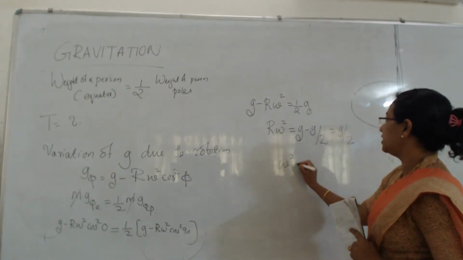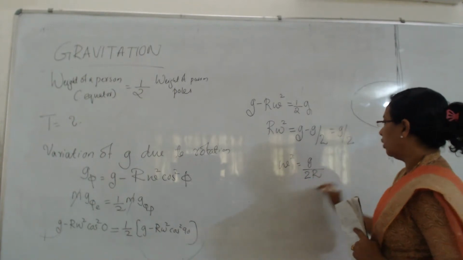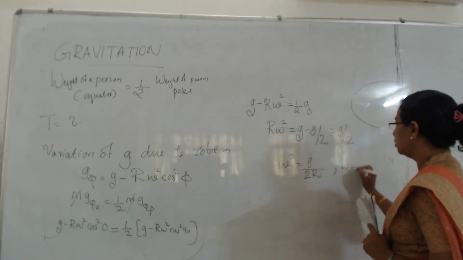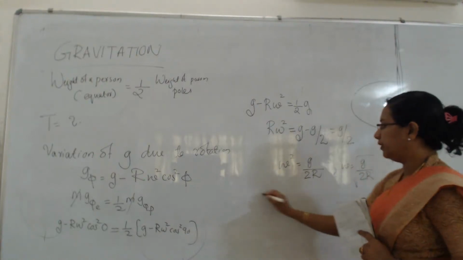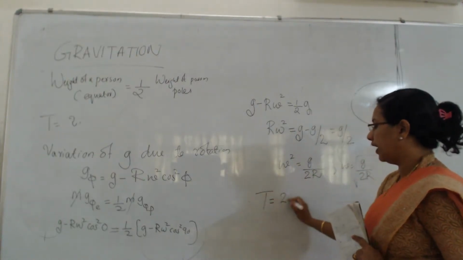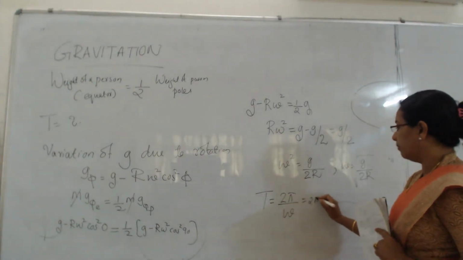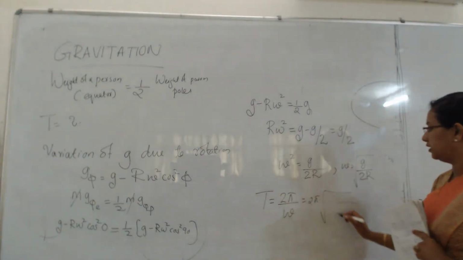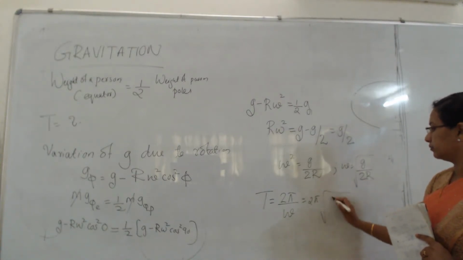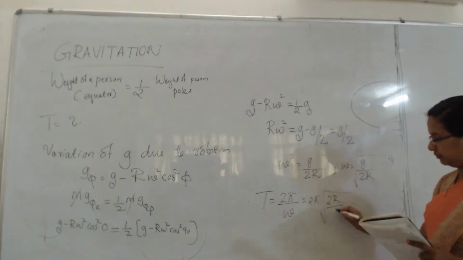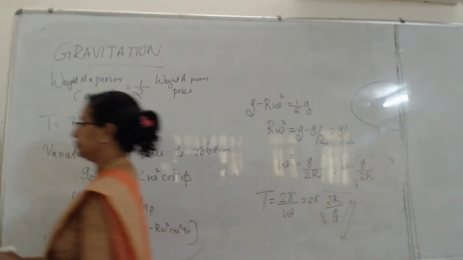Omega square is equal to g by 2R. Omega is equal to root over g by 2R. Time period is 2 pi by omega, that is 2 pi root over 2R by g.